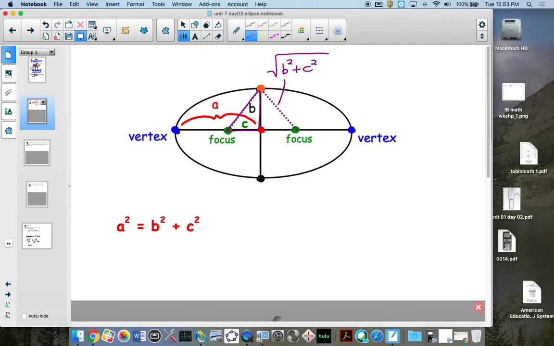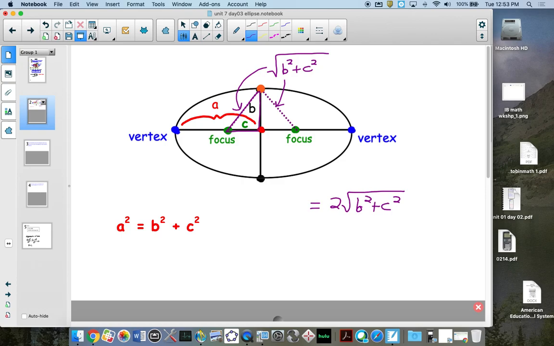And that's true for this length and for this length, because they're equal when I pick my point to be right up here at the top, the endpoint of the minor axis. So those together, if I add those distances together, I'm going to get 2 times the square root of b squared plus c squared.